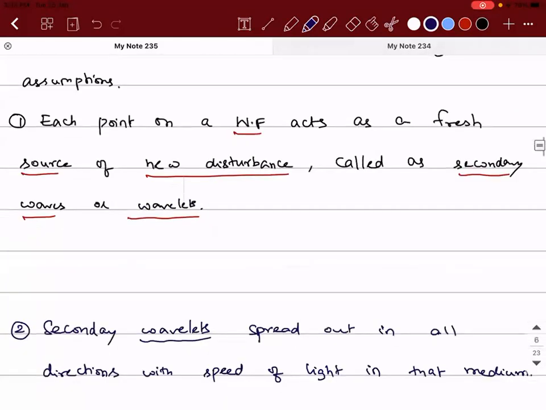Listen to this. So the meaning of the first one is, let us say I have a point source. That point source is going to generate a wavefront, okay, which is going to be spherical in nature. It's not circular, it is a spherical wavefront. So each point on this first wavefront that is getting generated, these individual points will start behaving like n different point sources, so that they will start generating the wavefronts around them.